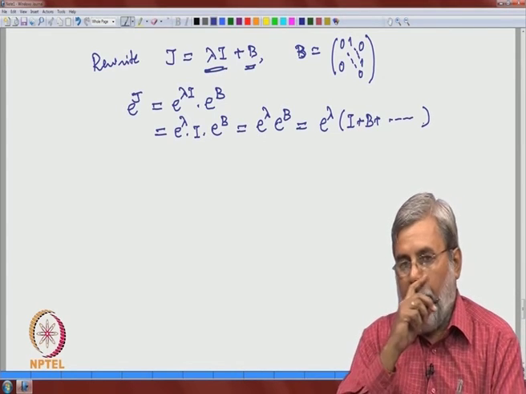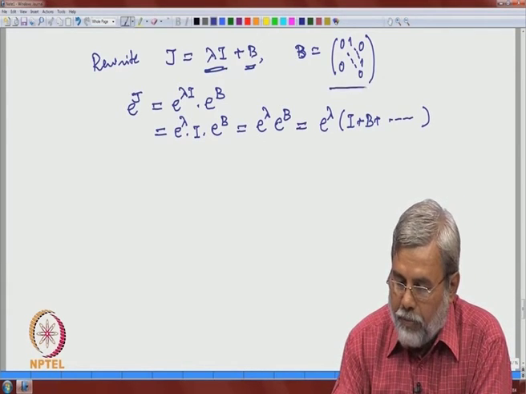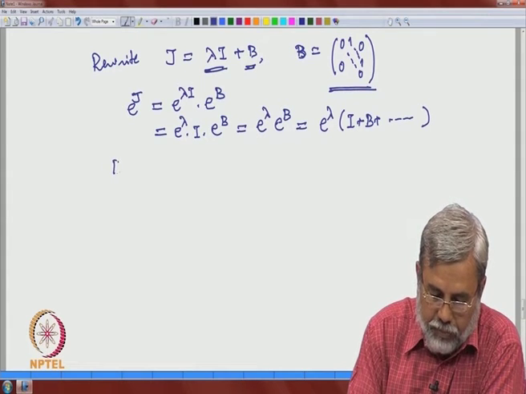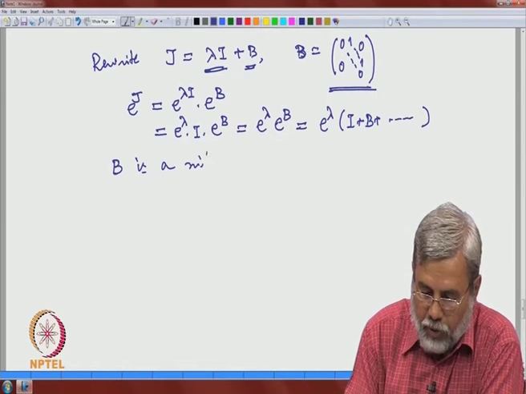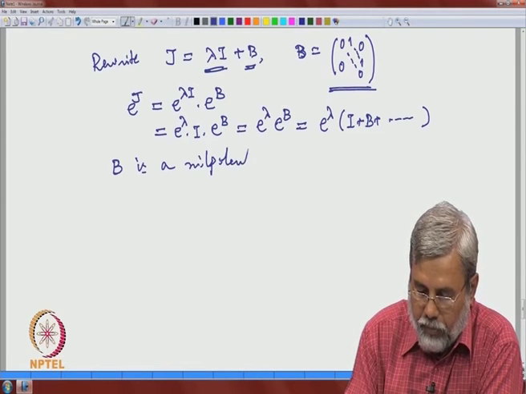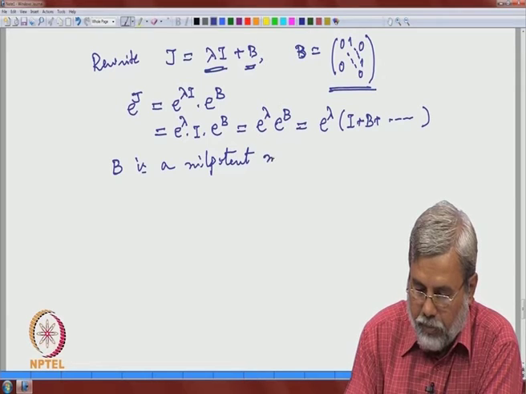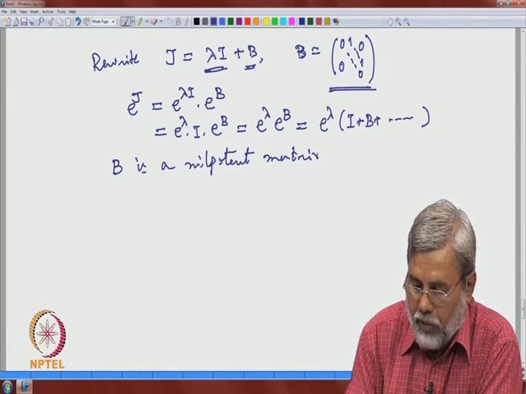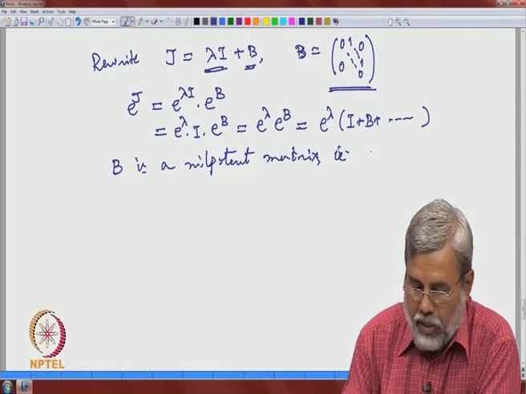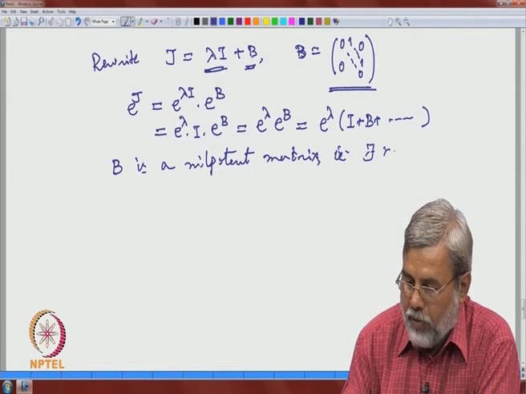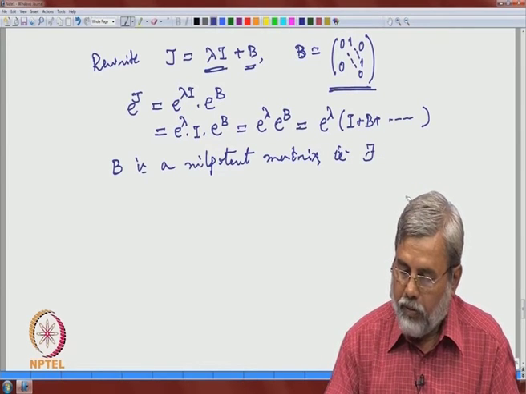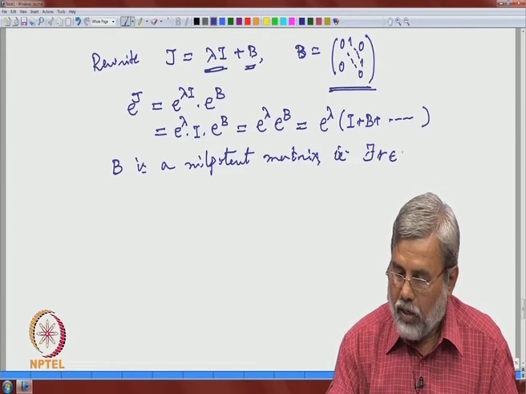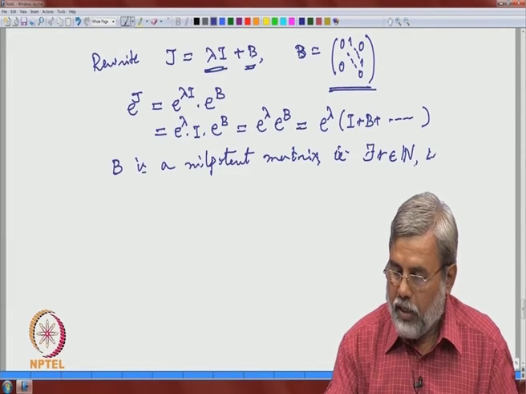The important thing about B is that it is a nilpotent matrix. That is, there exists some integer r such that B to the r is 0.